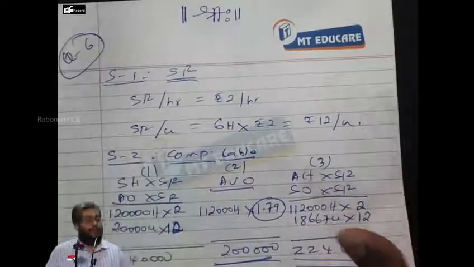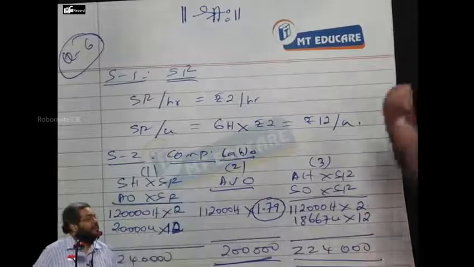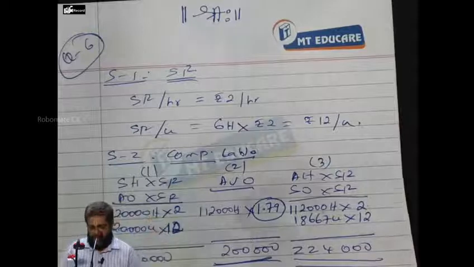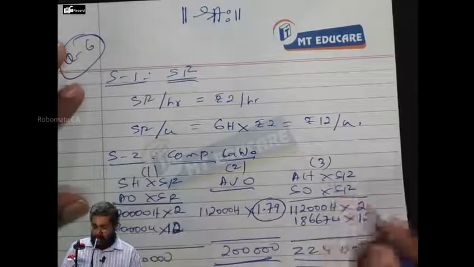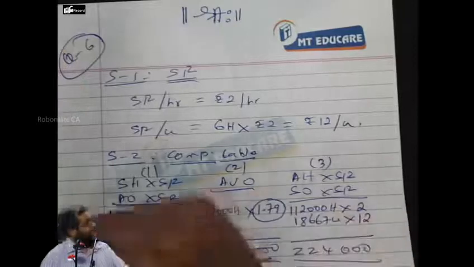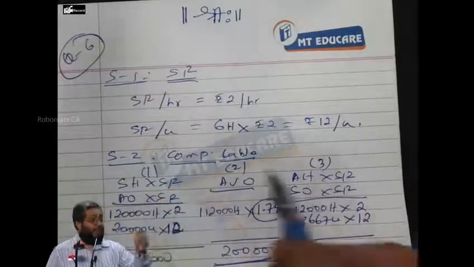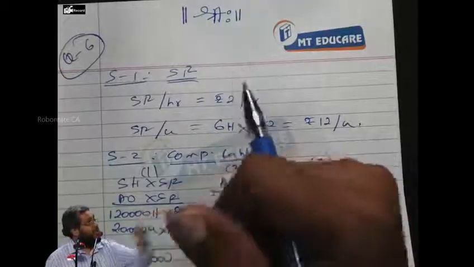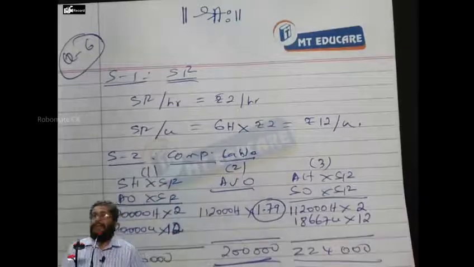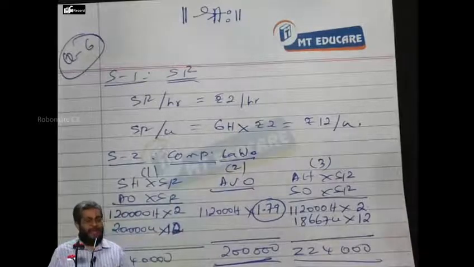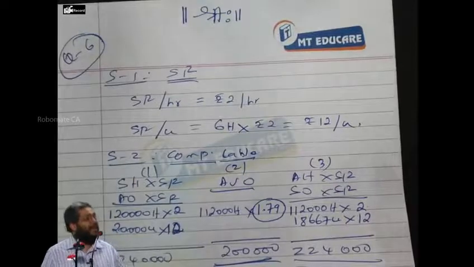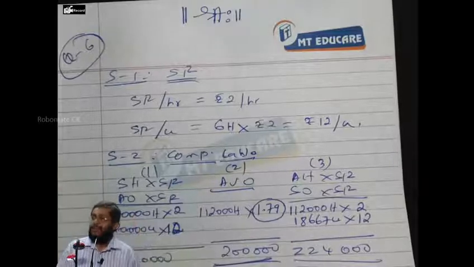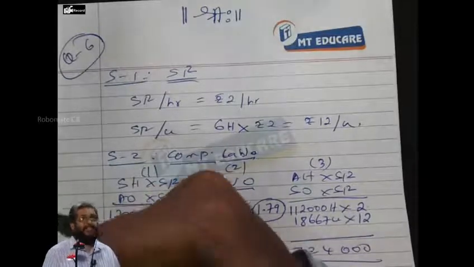Okay. Next is efficiency. Very simple. 20,000 units I produce. For the 20,000 units production, I am allowed to work in the room for 1,20,000 hours. But I work only 1,12,000 hours. 8,000 hours I save for the company, or not? When a worker saves 8,000 hours, not only his wages are saved for the company, also the overhead is saved. Suppose a 180 hour batch I completed in 18 hours.